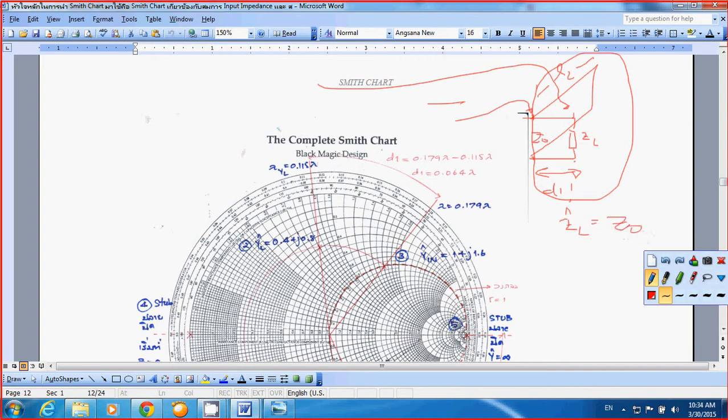You make the transmission line match when you cannot change your ZL, so you need the help of the stub. Okay, you look back again at what I explained, and then you probably understand more.